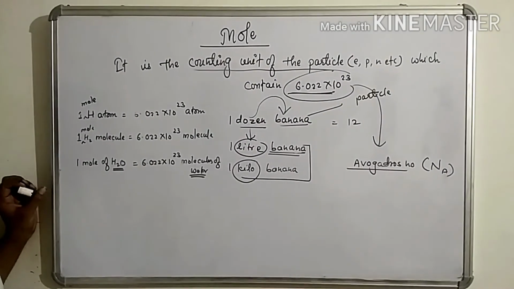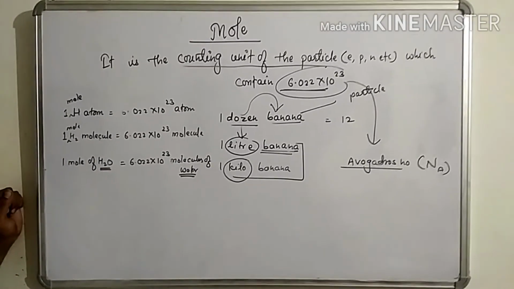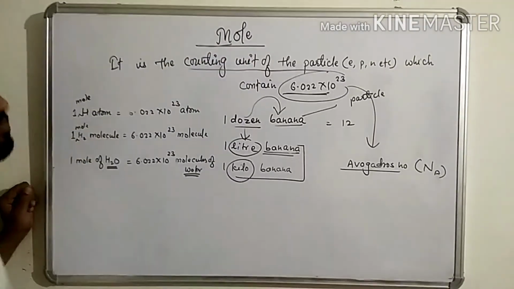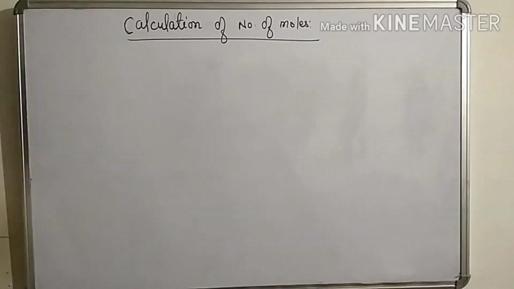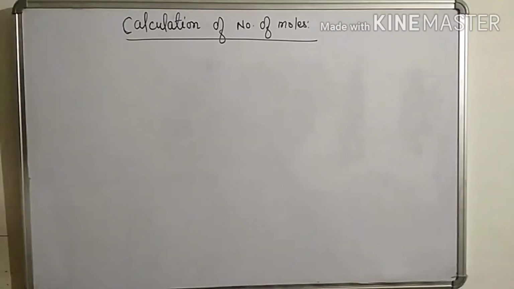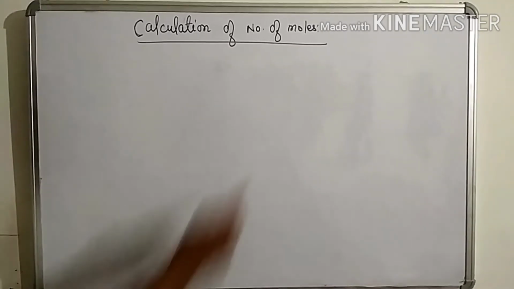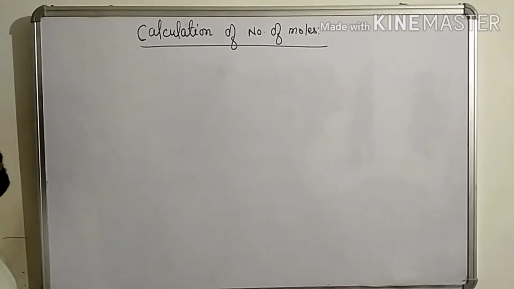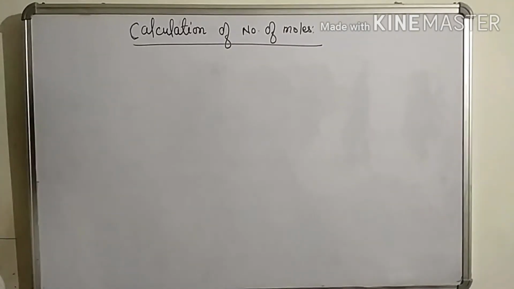And now we are going to see the problems based on the mole. Now children, we will see the questions based on the number of moles, meaning how can we calculate the number of moles?